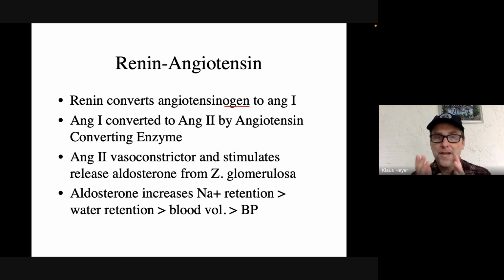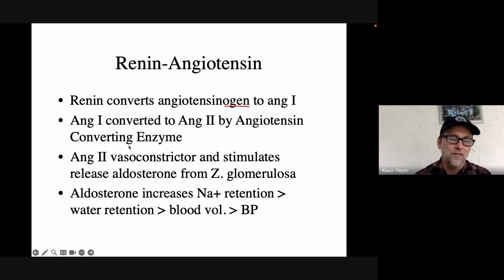All the blood pressure medications are stopping this process. Right? If you have high blood pressure, you don't want to make aldosterone because you don't want to hold on to sodium. So you want to stop this last bullet point from happening. So we could come up here to the second bullet point and we can stop angiotensin converting enzyme.